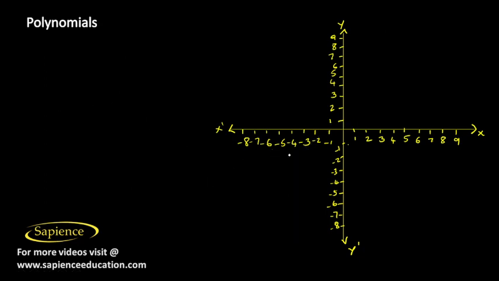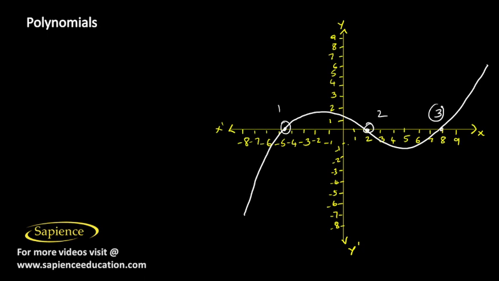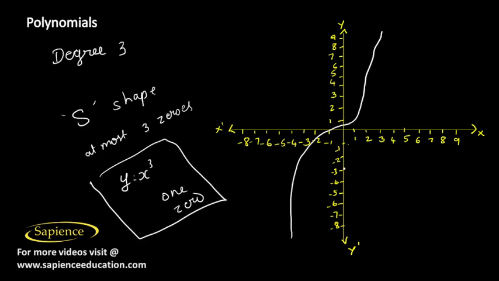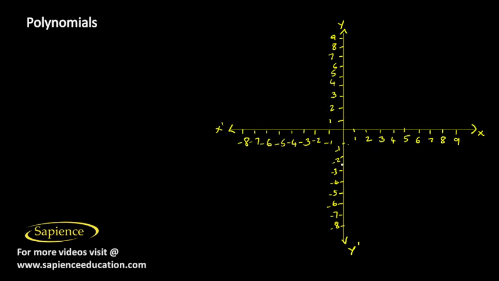There is a possibility for the S shape to be formed like this, and in this case the number of zeros is 1, 2 and 3. So 3 zeros is also possible. What happens when the S shape is formed like this?